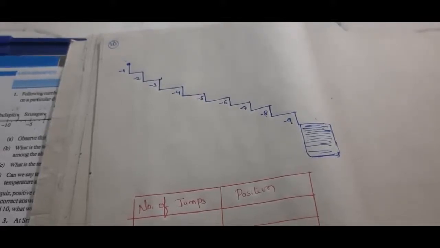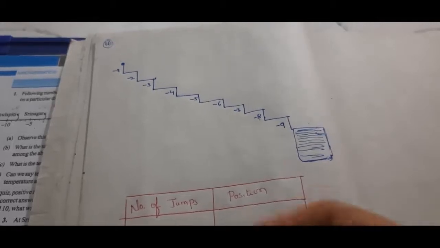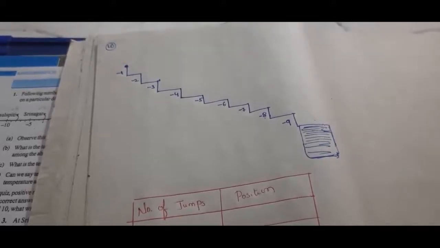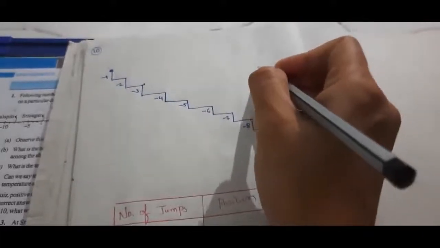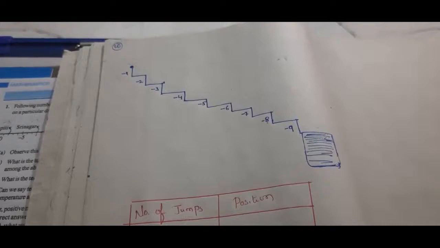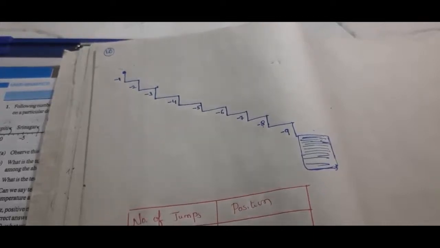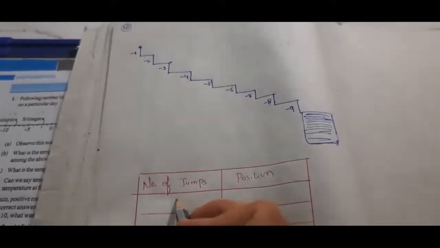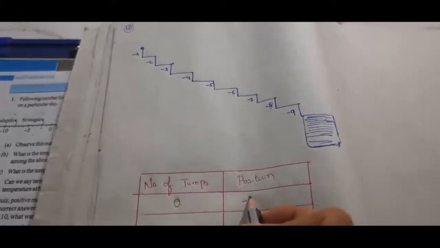Now let us see how the monkey moves to reach the water level. 3 steps down will be represented as -3 and 2 steps up will be represented as +2. First, the number of jumps, take 0, and the starting position is -1.